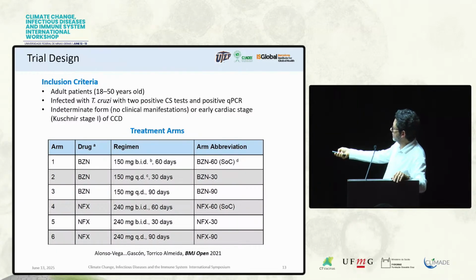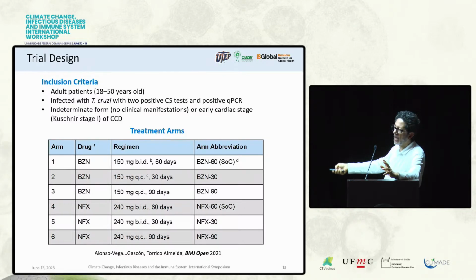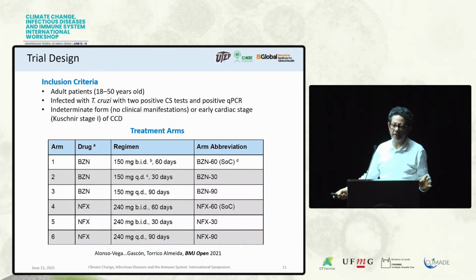With nifurtimox, we have the standard of care, which is 60 days, 240 milligrams. And nifurtimox for 30 days. We could not use half of the dose because there was no evidence, not even experimental evidence, that suggested that it could work.